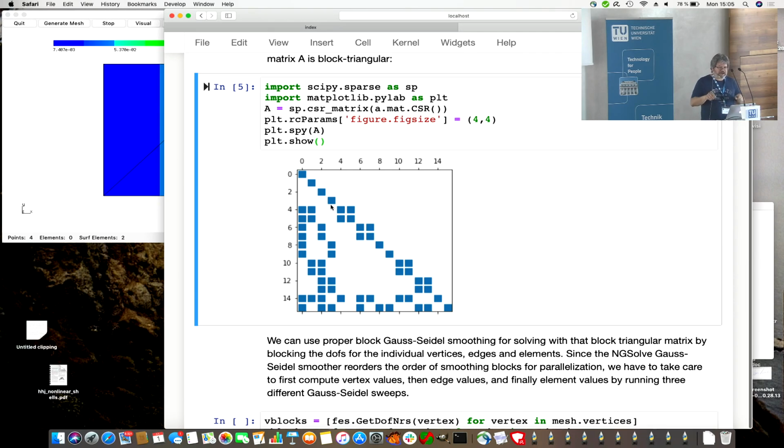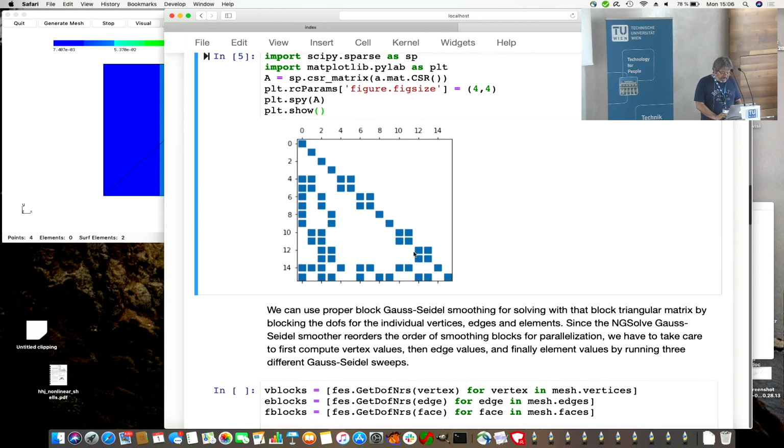This means decoupled problems vertex by vertex. Then we have block diagonals, edge by edge. So interpolating on every edge is decoupled. We can do it independently edge by edge. But the values we got on the vertices influence the values we get on the edges. So it's not a block diagonal, but a block triangular matrix.